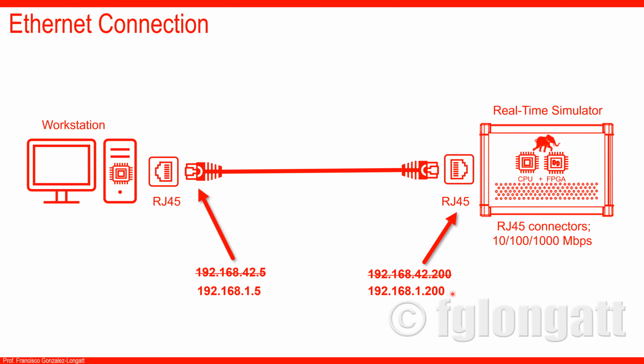For that reason, when the HIL device reboots, I will change the IP address of my workstation, and from there I can have the proper connection using the same domain, in this case 192.168.1, and that will be a successful communication, okay? Well, right now we will go for the practical stuff. Let's do that, okay?